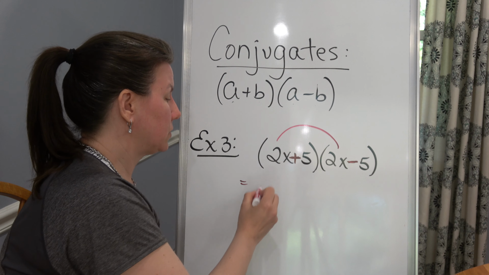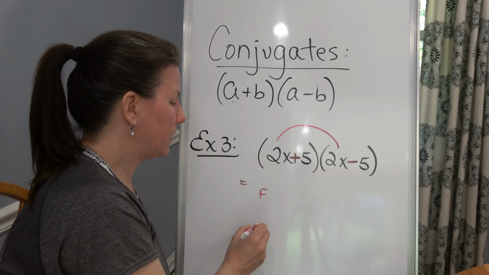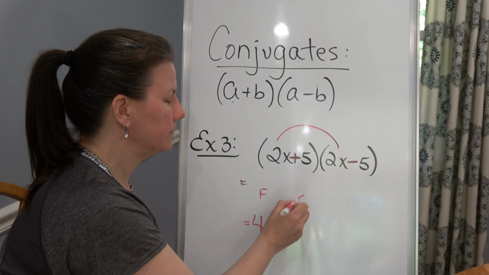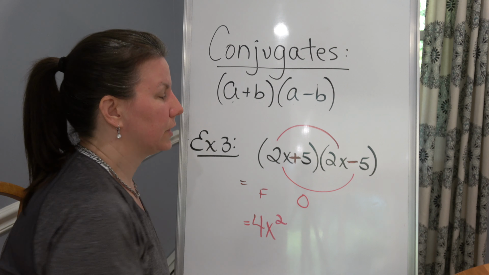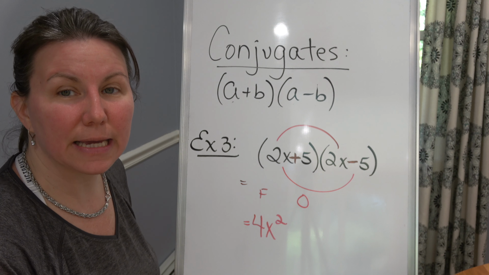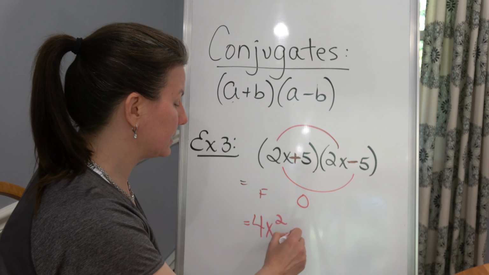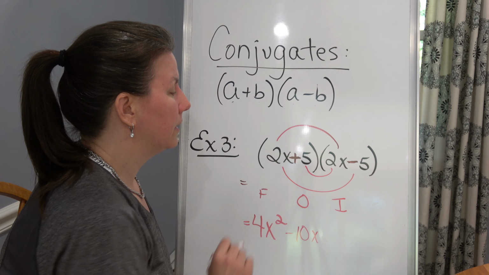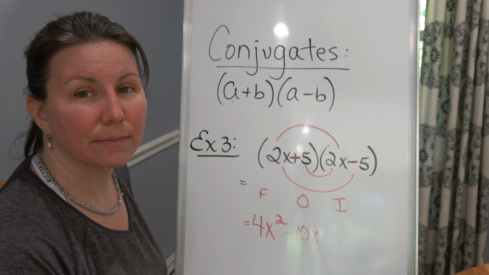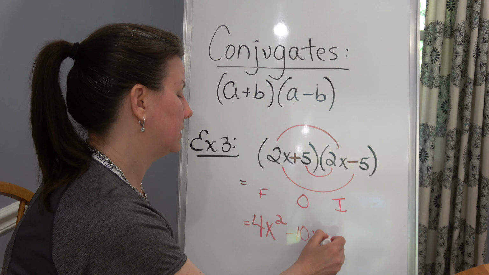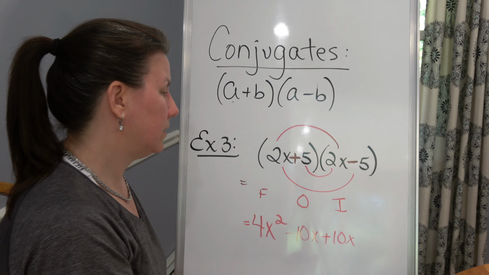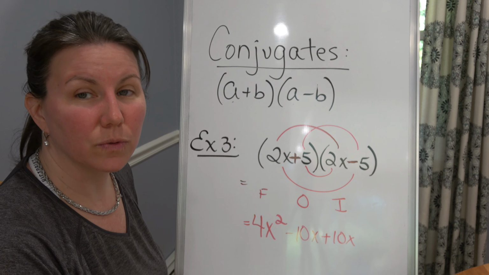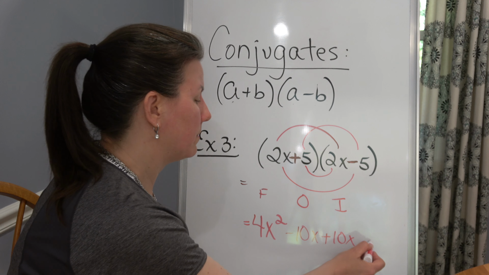Your first product would be 2x times 2x, which is 4x squared. Your outer term is going to be 2x times negative 5, or negative 10x. Your inner will be 5 times 2x. And your last would be 5 times negative 5, which is negative 25, or minus 25.